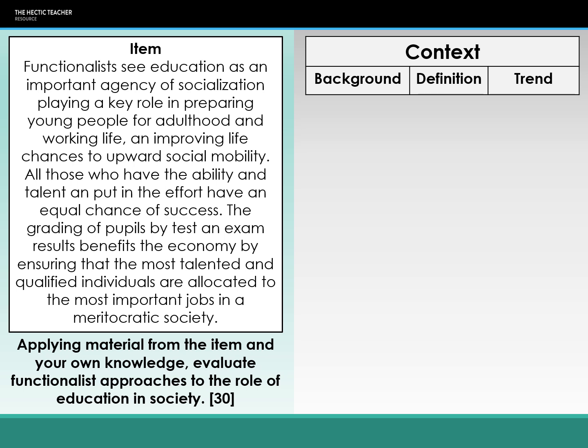We've got an understanding of the topic. Definition is when you have a key sociological term and a non-sociologist would not know that term. They wouldn't know what it means. So you need to show the examiner you know what it means and give a definition.